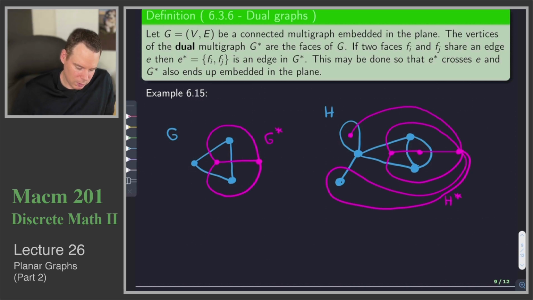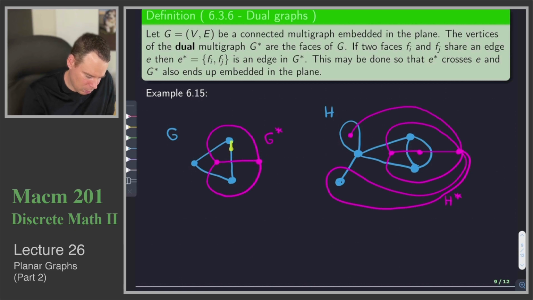Now the reason we've defined it this way is the following. If I think about a corresponding vertex in my dual, what is the degree of that vertex? Now it makes sense to talk about the degree. It's just the number of edges that are coming out of it. And so this vertex has degree 3. But notice that's the length of the facial walk around that face. What's the degree of this vertex?